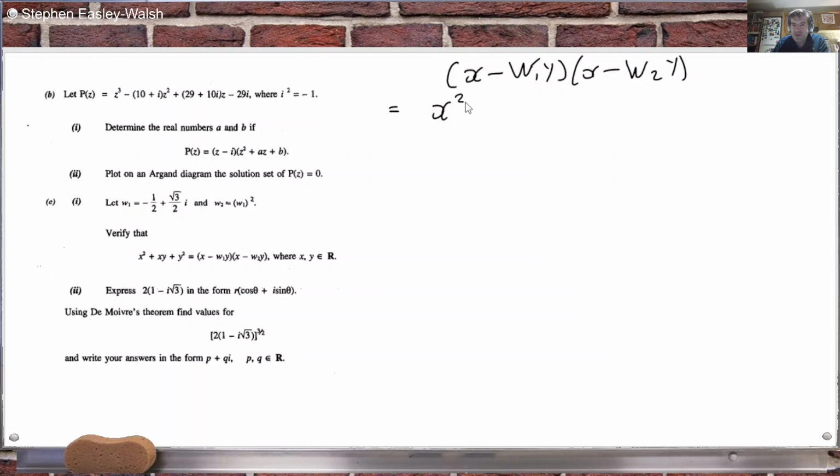So that's x squared minus x w2y minus w1xy plus w1 w2 y squared. So I shouldn't be left with any w's. And annoyingly, I don't think I have a w1 squared. It's really a pain.